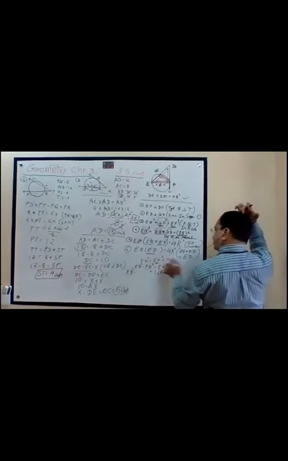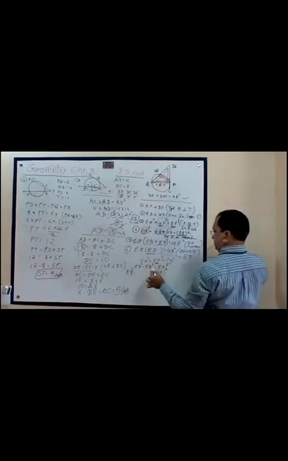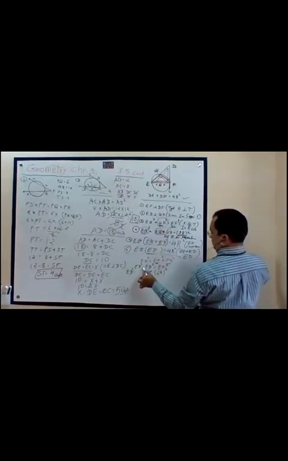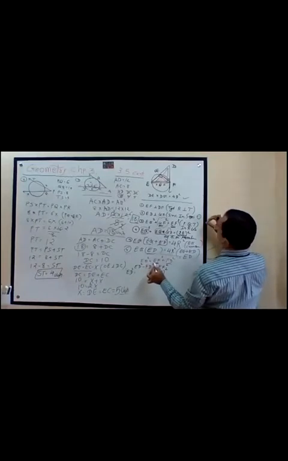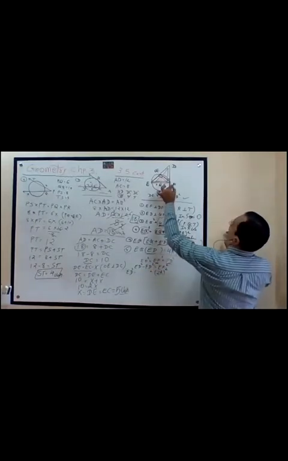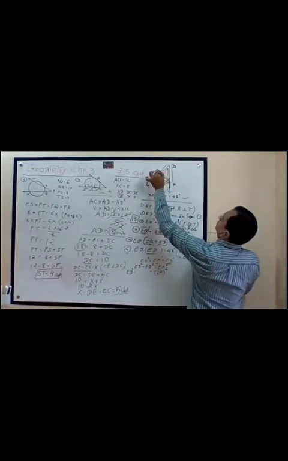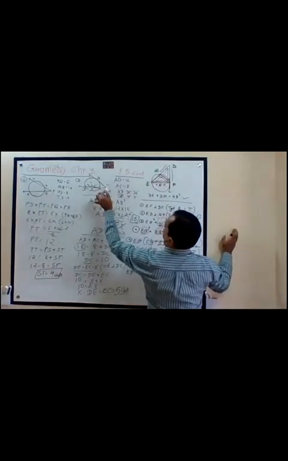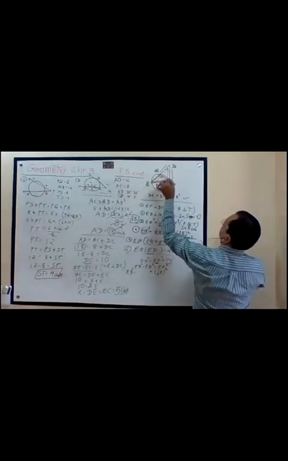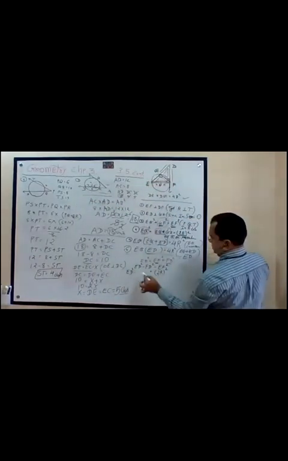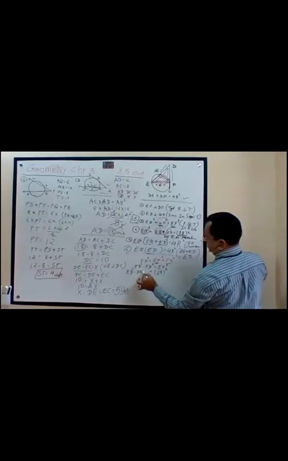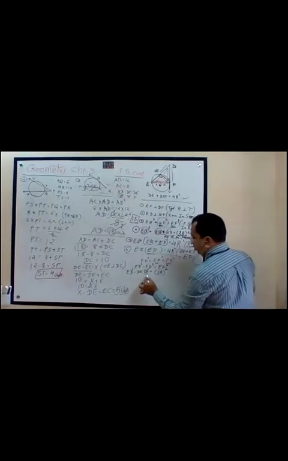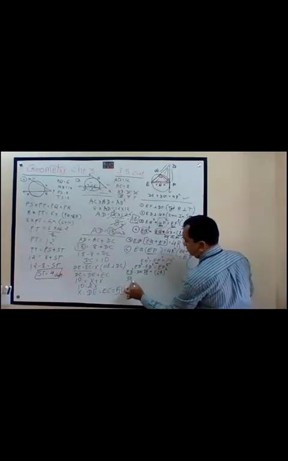Now FD square. ED square, FD square. FD square is equal to, in this we have done, no? AB square is equal to AC into AD. So DF square is equal to DG into DE. Correct. One more time, D is common.